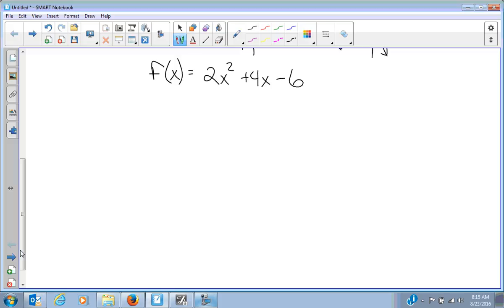If I ask you on the test, which this could be a test problem, there could be a bunch of different things that I ask you on the test. I could just ask you for the concavity of that.